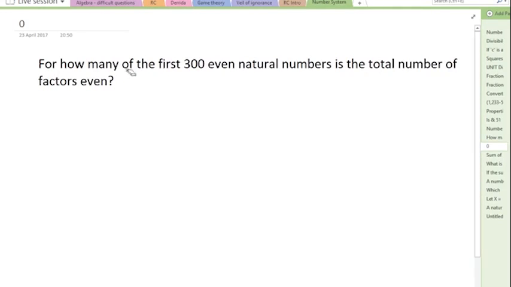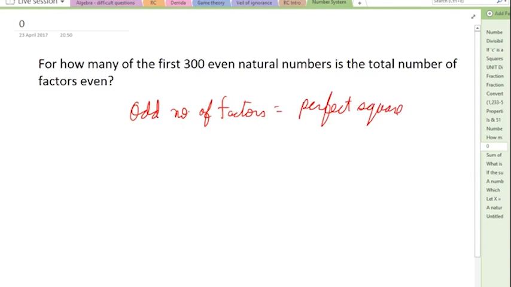So what we know is odd number of factors equals perfect square. So it's asking for an even number of factors. So out of the first 300 even natural numbers, which will go from 2 to 600, we need to remove the perfect squares, which will be perfect squares of even numbers, because we are only considering even numbers here.